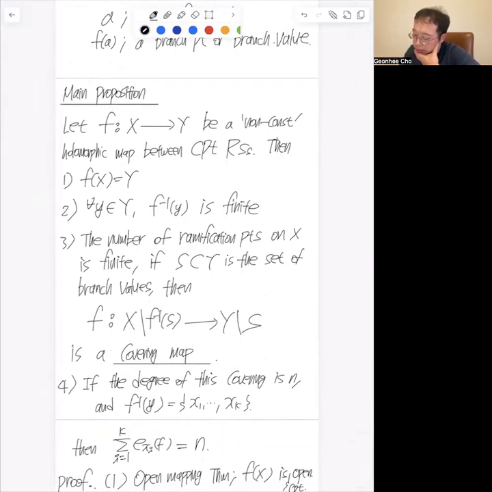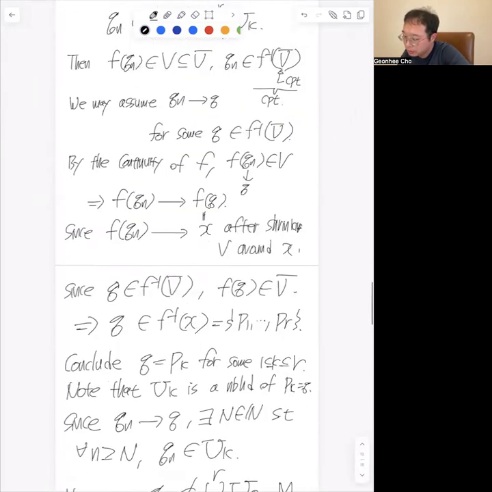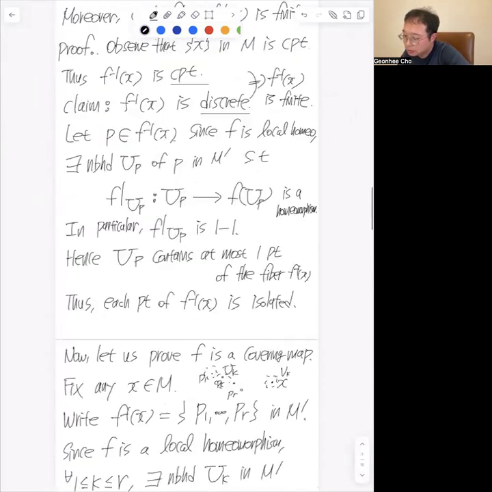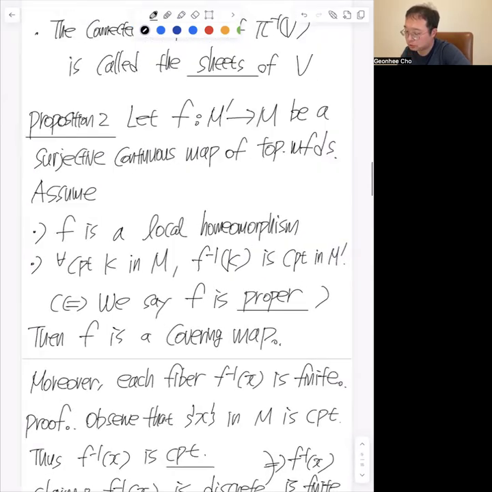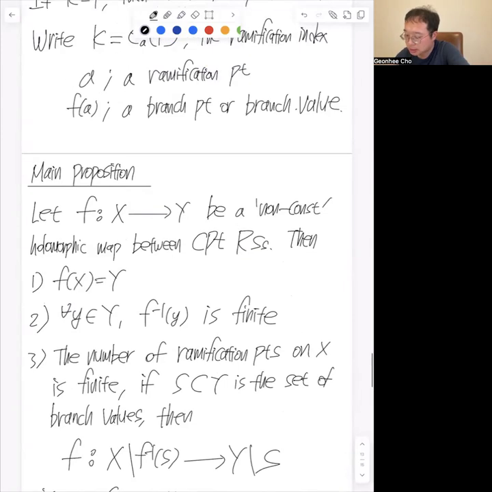The third result is that the number of ramification points must be finite, and we should establish a covering map by looking outside of the ramification points, or the branch points. You might already know that we should use proposition 2. According to proposition 2, all we need is that we already have a surjective map, because we established the first implication, and the fiber is already finite.